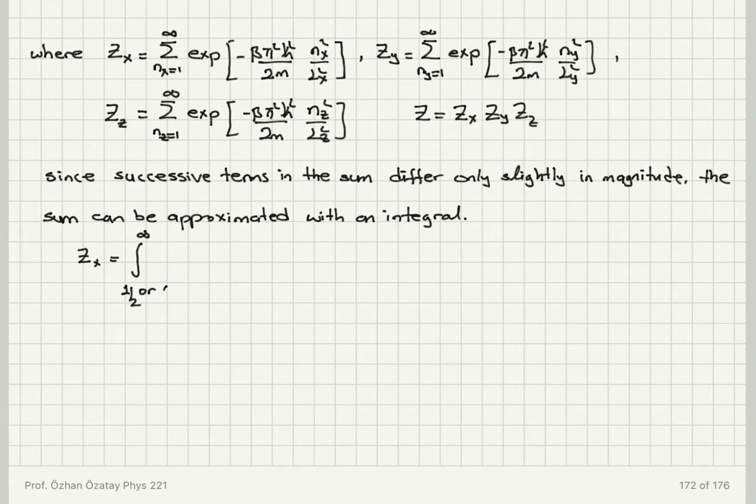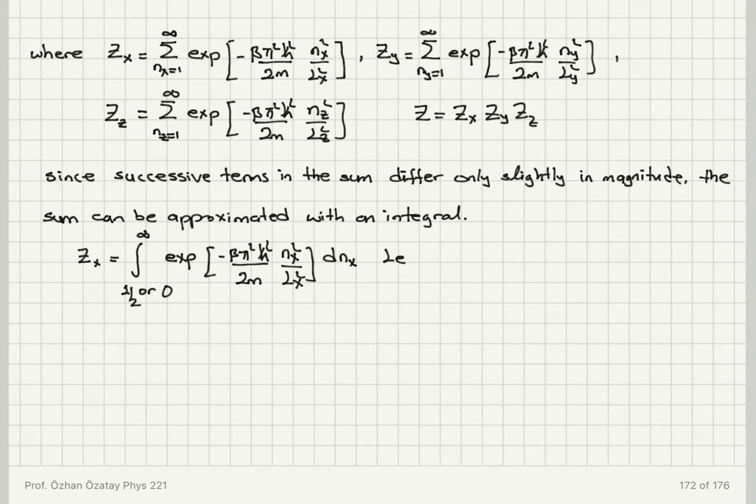This is just an approximation, so let's start this integral from 0, exponential minus beta pi squared h bar squared over 2m nx squared Lx squared dnx.